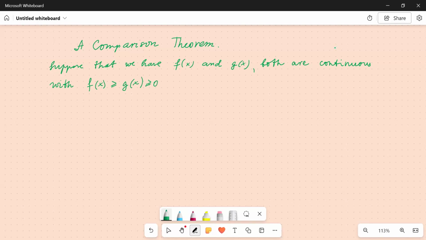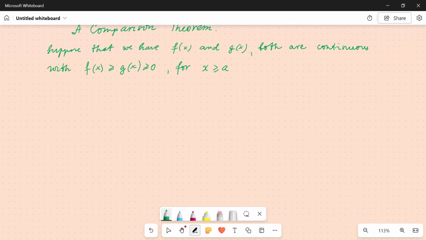So both are positive and f is greater than g, not everywhere, but for x greater or equal than a. We are going to work with the first type and describe this theorem for the first type.